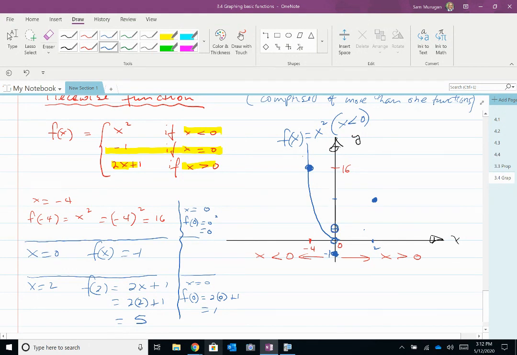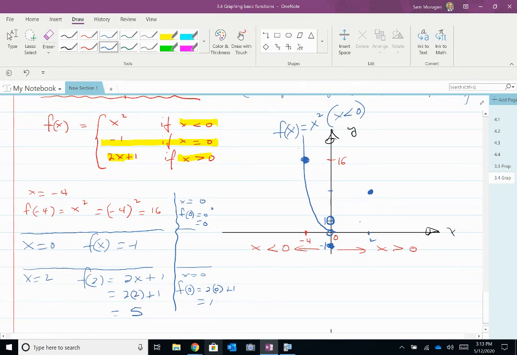And that, of course, would be an open dot as well. Okay, that's at 1. So this part of the graph is headed that way for all values greater than 0. And this is the graph of f of x equal to 2x plus 1 for x greater than 0.